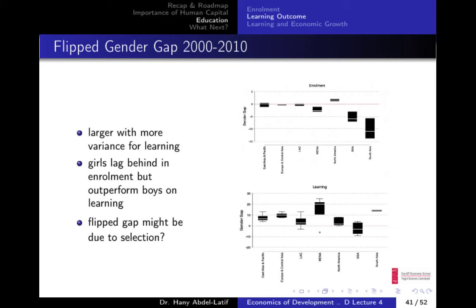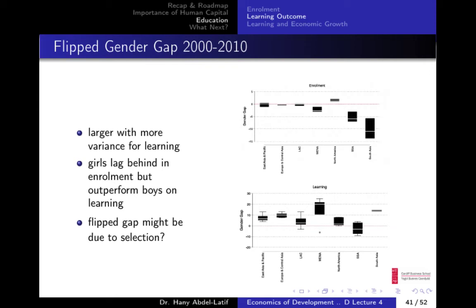As I said before, in most poor areas they used to send only boys to school. Girls used to be at home to help in the house. So there used to be a gender gap between girls and boys in terms of enrollment, okay?